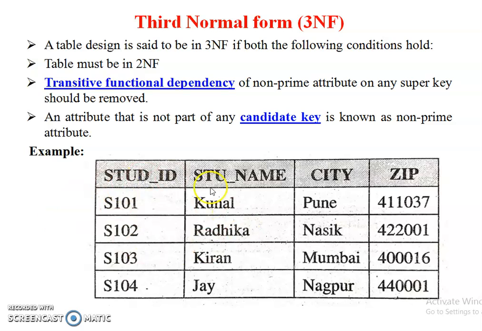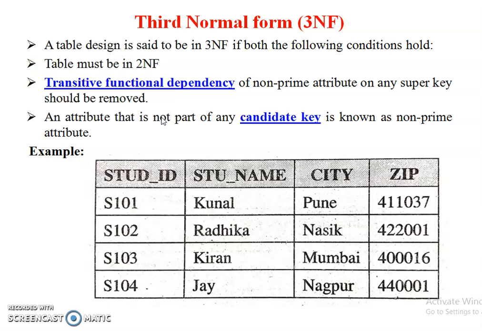Now see in this example, student ID is the only prime key. Here the data of city can be retrieved through either student ID or zip code, but the city is not a super key, nor is the city a prime attribute. So here the city depends upon the zip and zip depends upon the student ID.